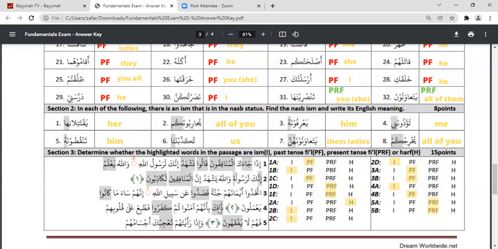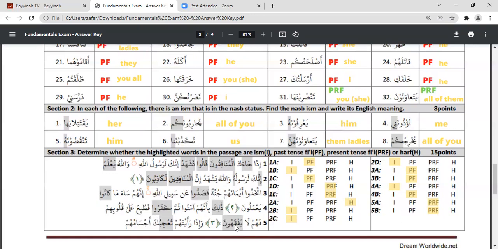Dhalika, if you remember, it's ismul ishara. So again, this is obviously an ism. 4a is an ism. Then 4b is kafaru. We have the giveaway over here, and that is the waw alif in the end, which indicates that this is a past tense. 4b. And after this, we have the fifth ayah, and that is yafqahuna, right?